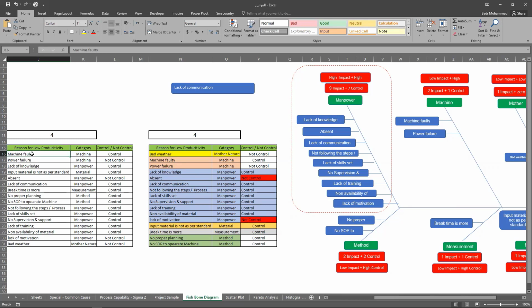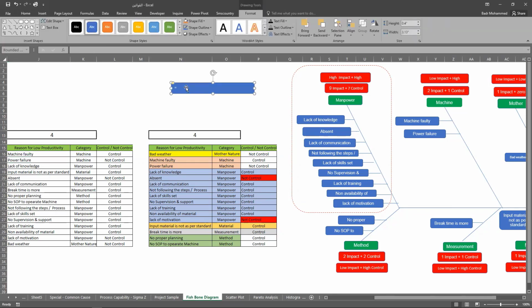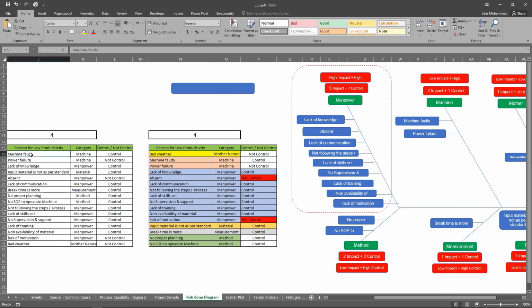Every time you change something here, you would copy and paste. No, what we tell you is to just use this technique. Make it equal to this cell. Enter. Just equal to this cell.